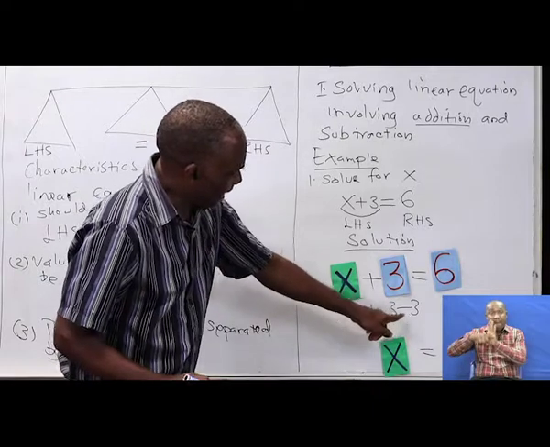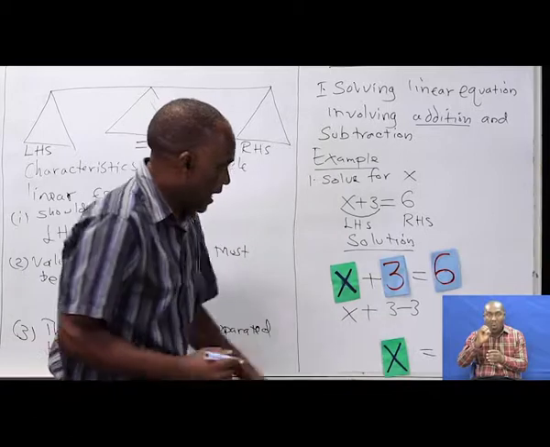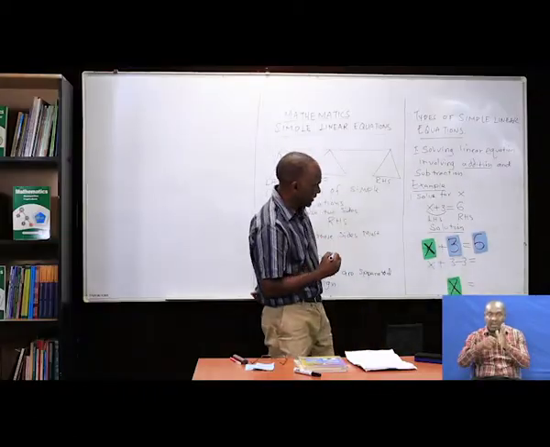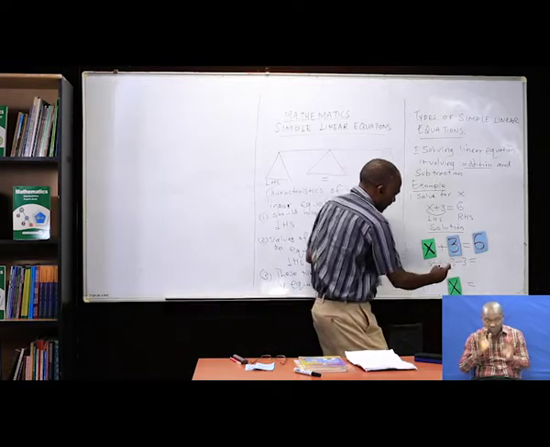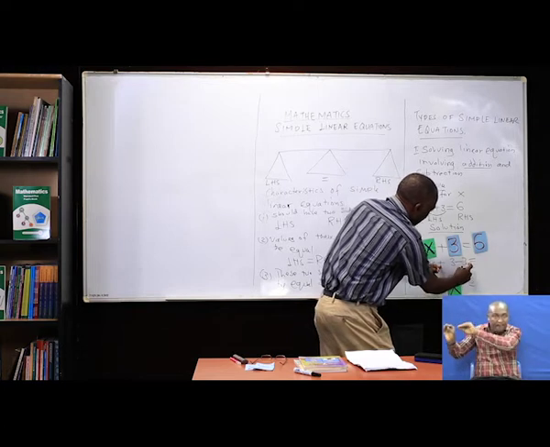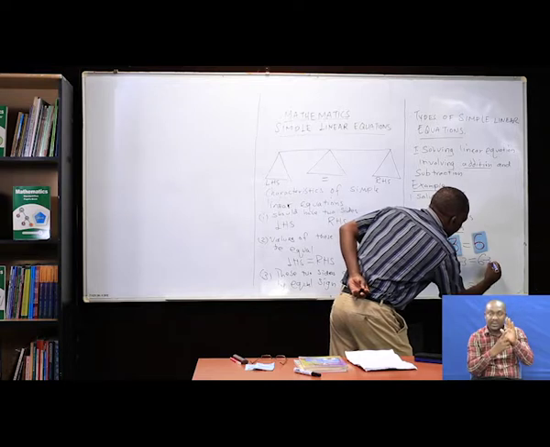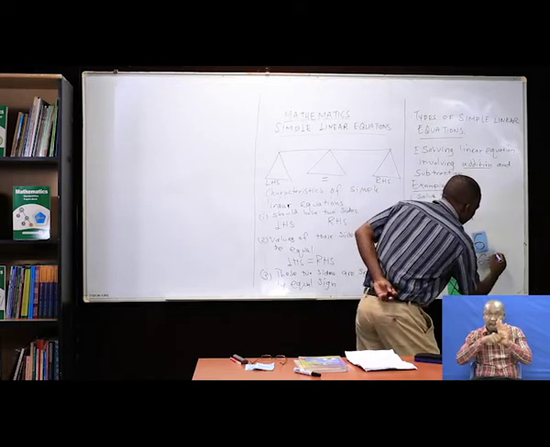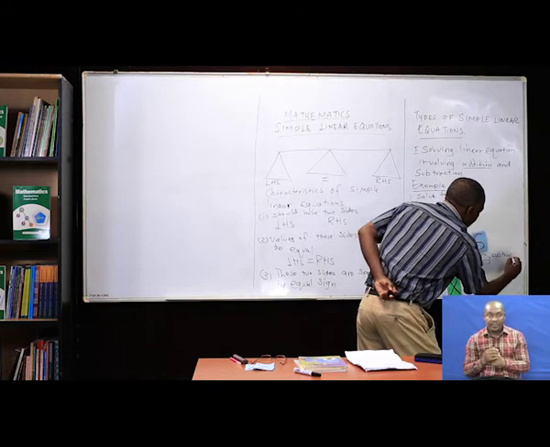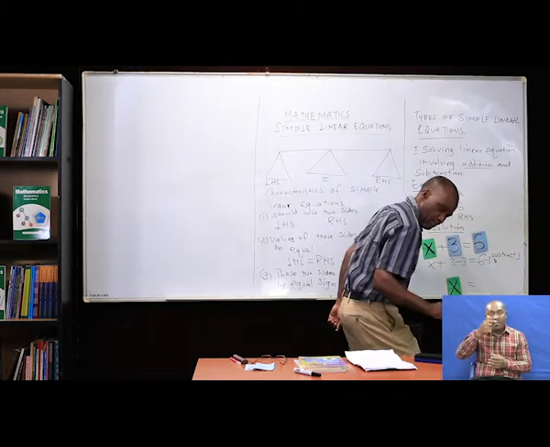When you take 3 minus 3, you are going to remain with x. Then we are going to subtract both sides of the equation. After taking away 3 here, also here you need to minus 3. So we say subtract 3 from both sides.